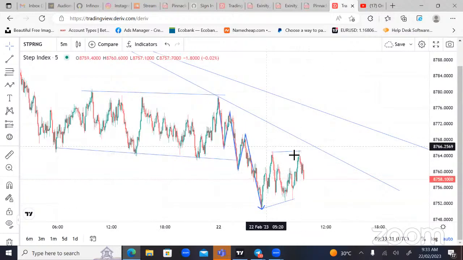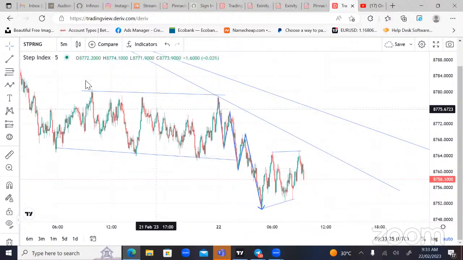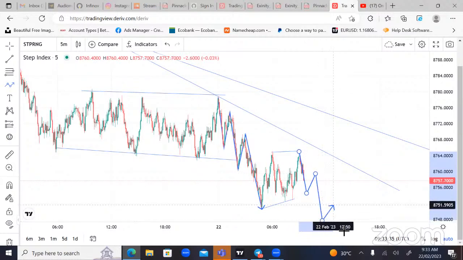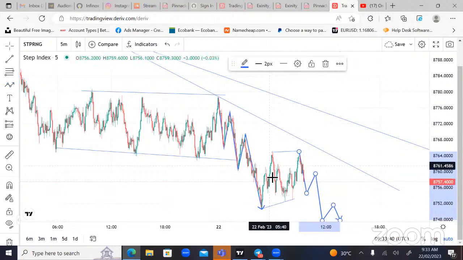It caused equal highs and mitigated over here. So I'm expecting an internal structure move coming all the way like this, creating internal structures down, because the swing structure broke the internal structure and should create another internal structures down.